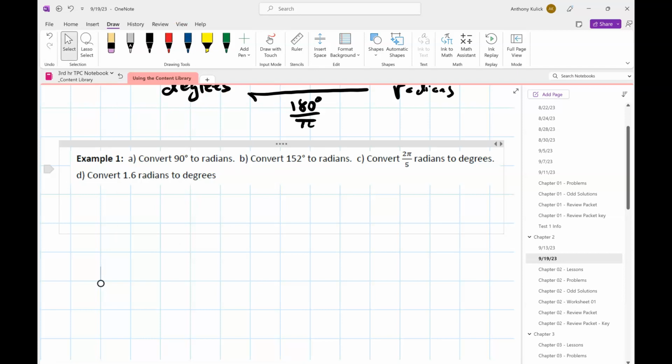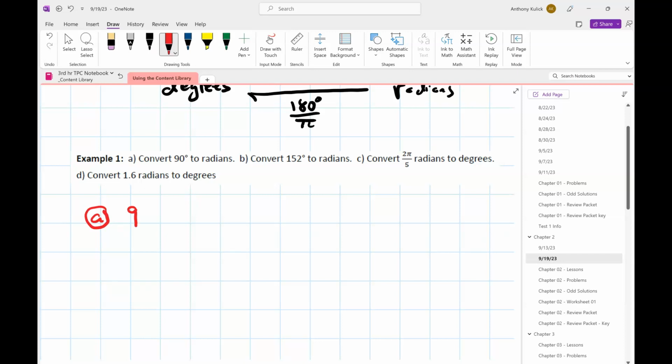Let's do a couple examples. Let's convert 90 degrees to radians. So what do I need to multiply 90 degrees by to get it into radians? Anybody want to help me out? Thank you. Pi radians over 180 degrees.